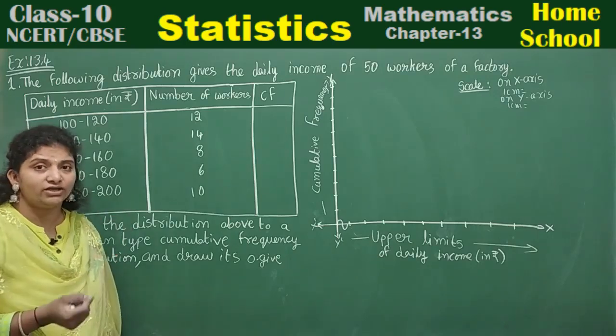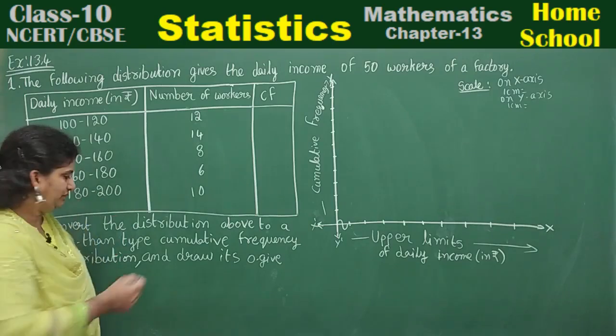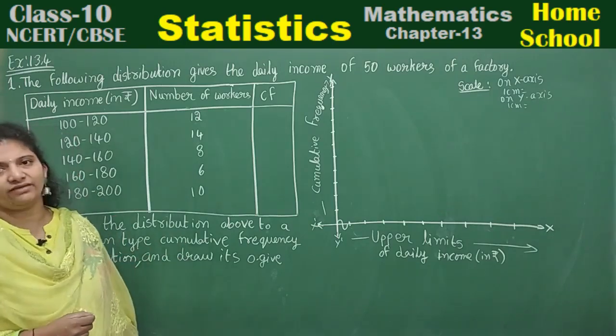We have to convert the given distribution to less than type and draw its ogive.